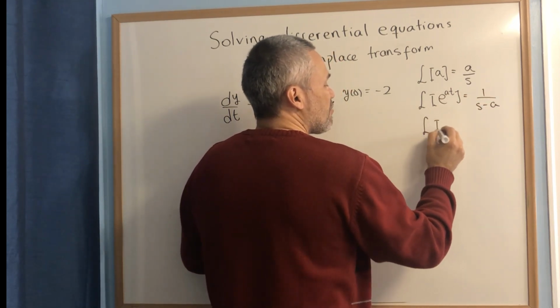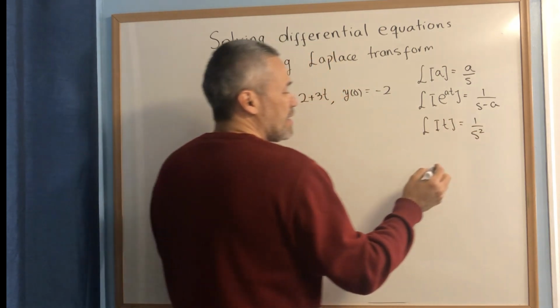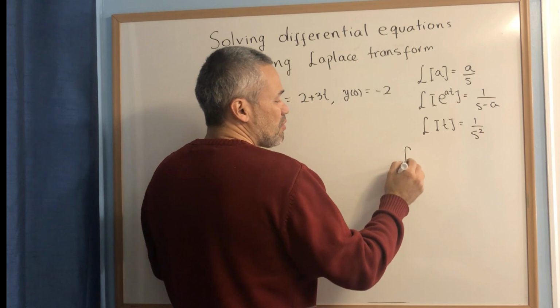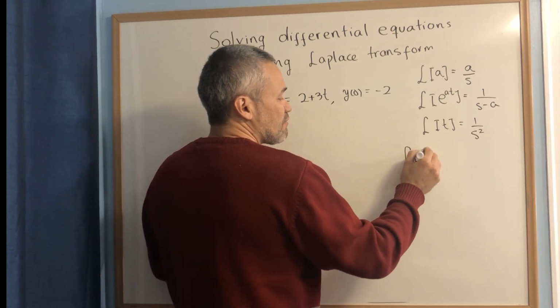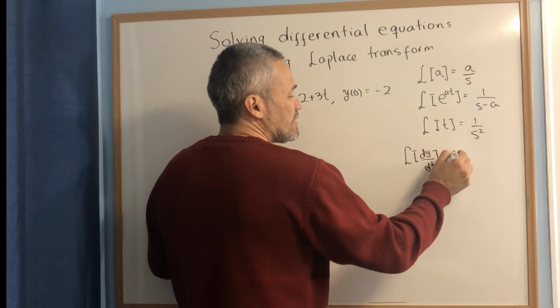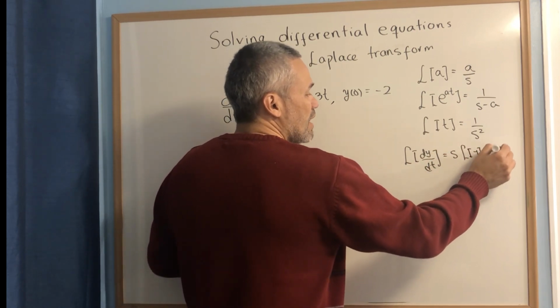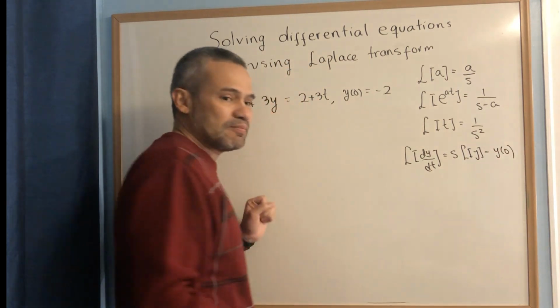The Laplace transform of the function t is 1 over s squared. And what I'm calling the most important property of the Laplace transform, which is that the Laplace transform of the derivative is s times the Laplace transform of y minus y evaluated at 0.